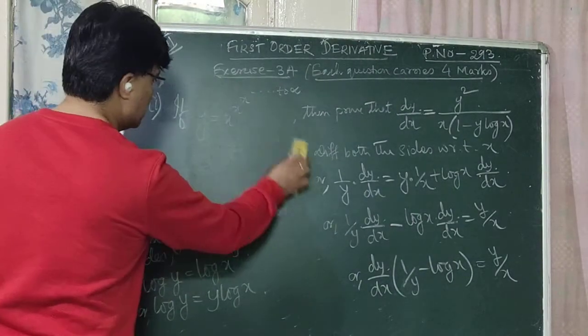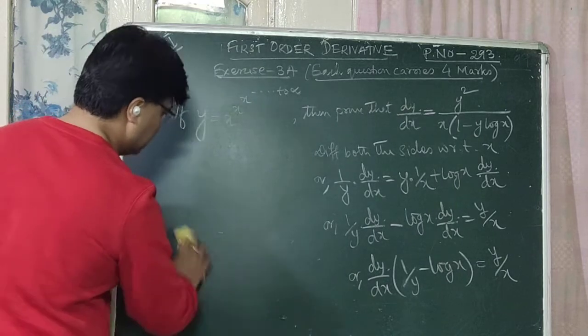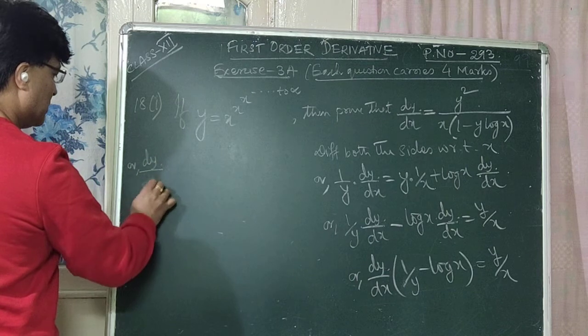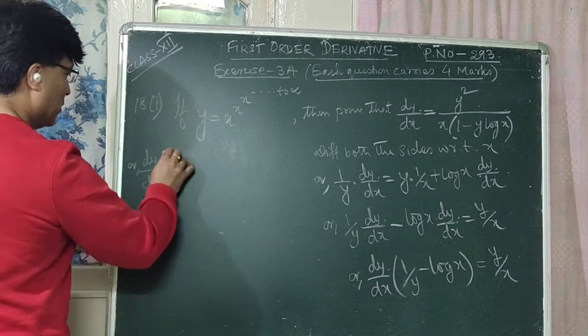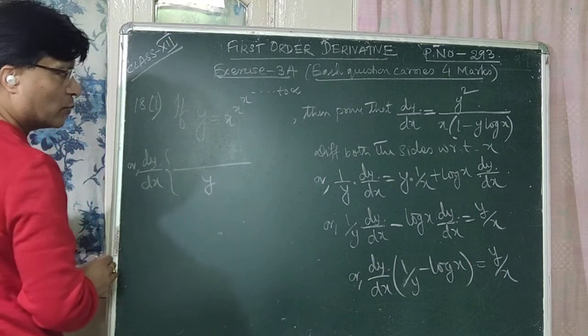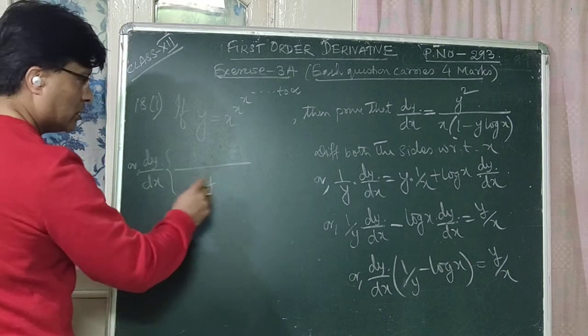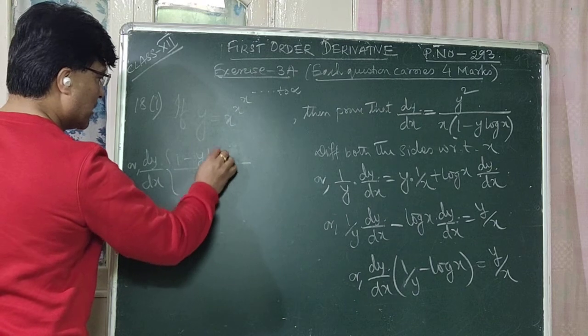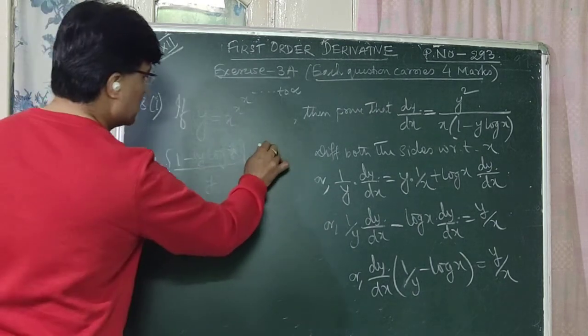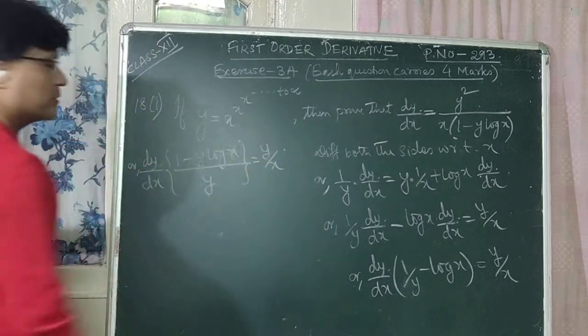Now let us simplify it. dy by dx, now within the second bracket, what's the LCM here? It is y, right? So 1 minus y log x, which is equal to, on the right hand side, y upon x.